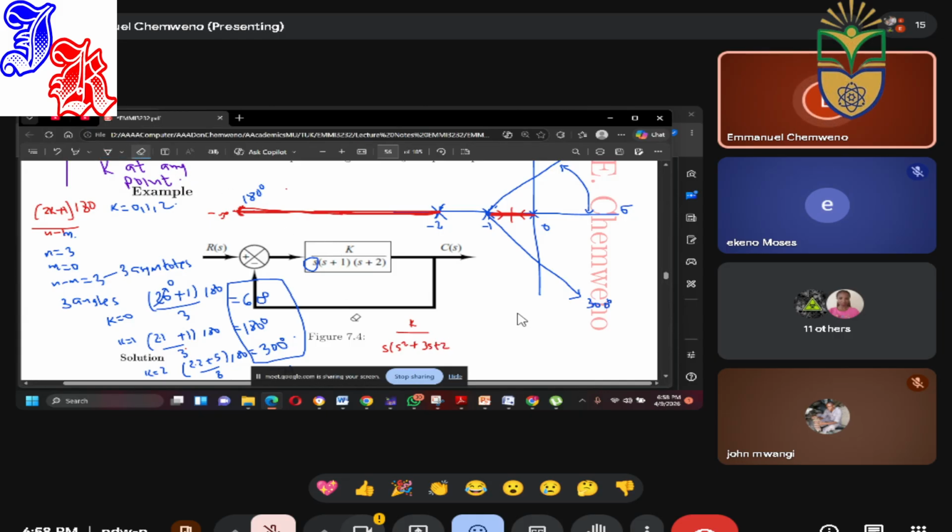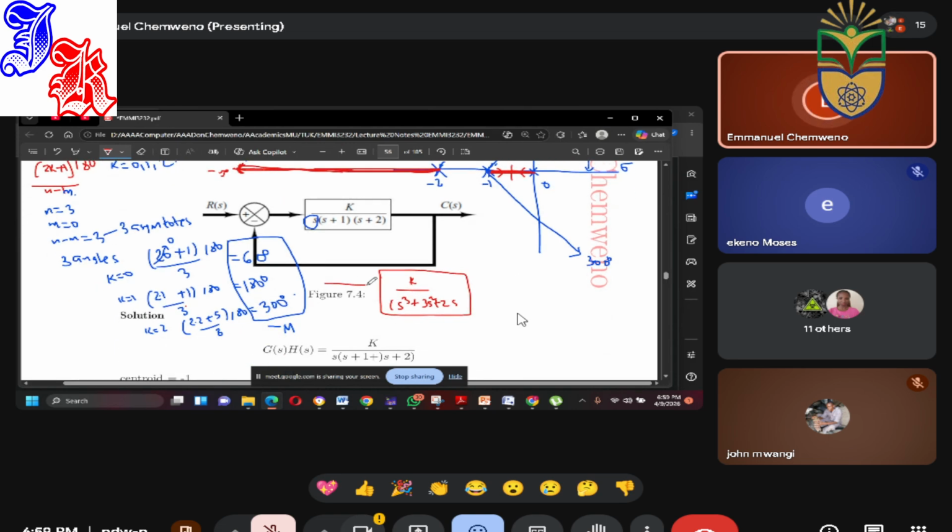So I can simplify this to be s over s cubed plus 3s squared plus 2s.